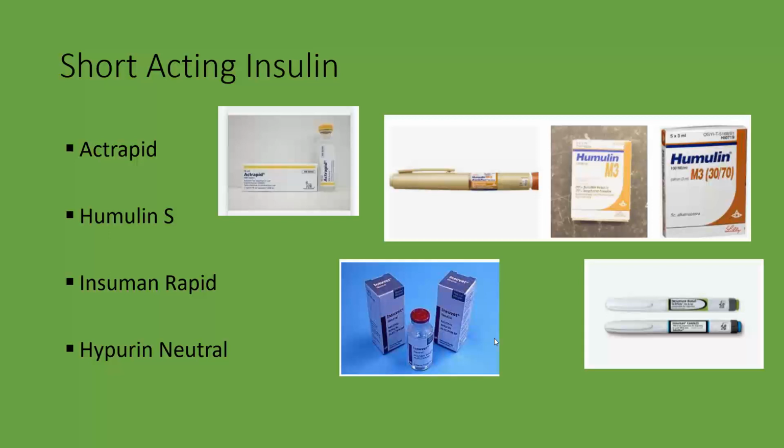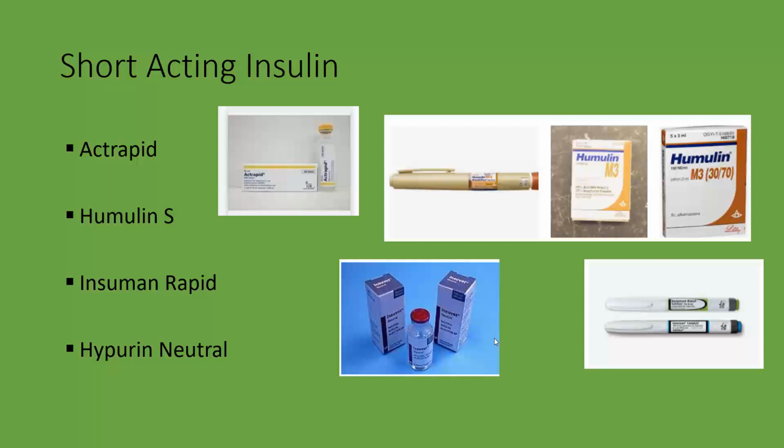And then Insuman Rapid and Hipurin Neutral. This is porcine insulin. Some people are still on porcine insulin. Some people would have been started about 40, 50 years ago, and they are still on it. And sometimes it will be very difficult to get them. It's on special order.